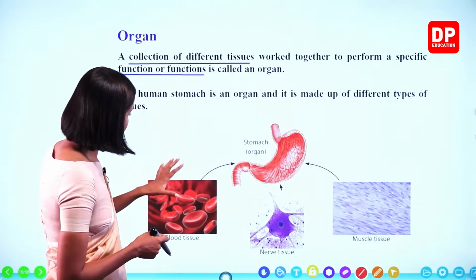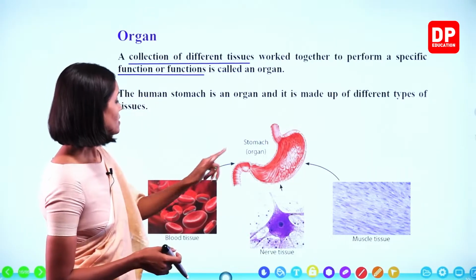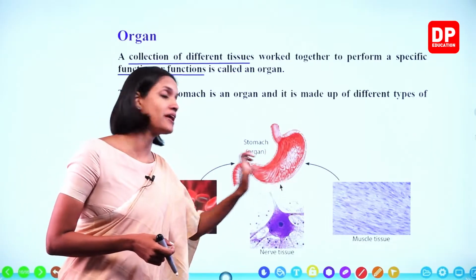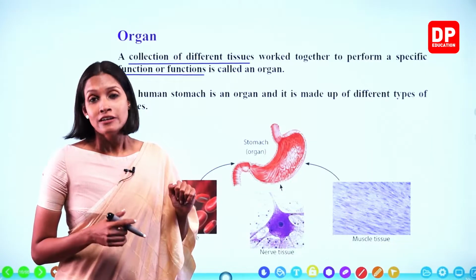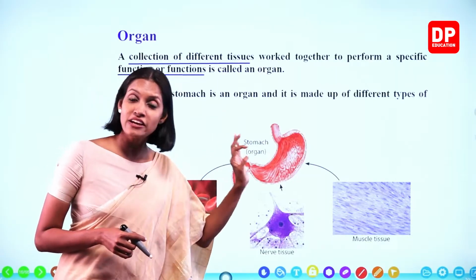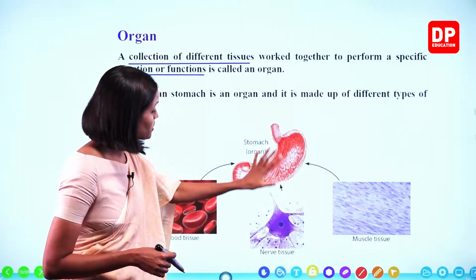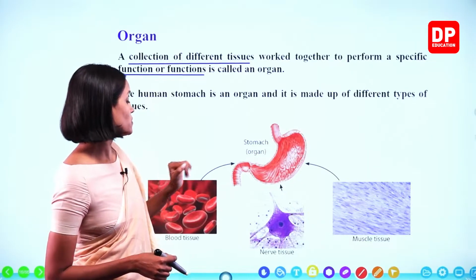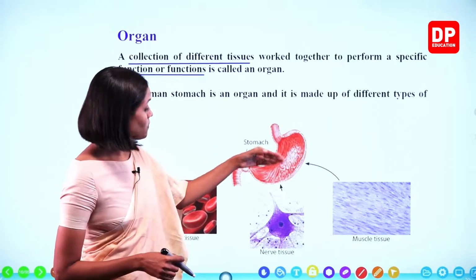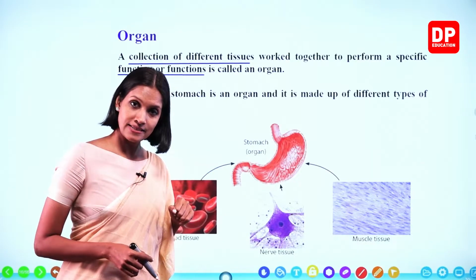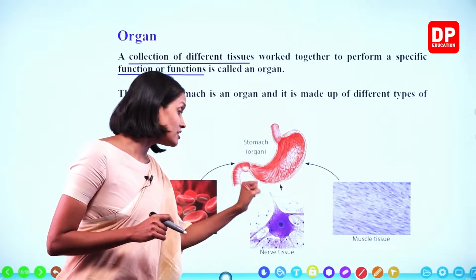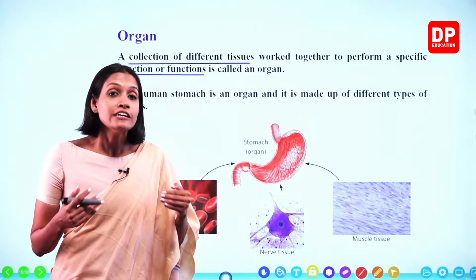And nerve tissue, because every organ has a nervous supply, right? Nerves and blood go to each and every organ. Therefore, a nervous supply is also there. So, nerve tissue. Nerve tissue is made up of nerve cells, the special type of cells present in the nerve tissue.